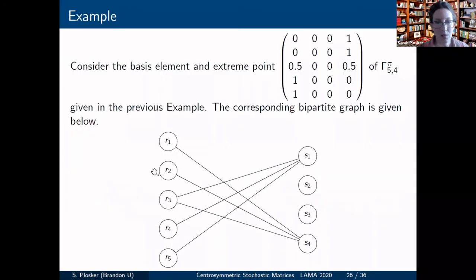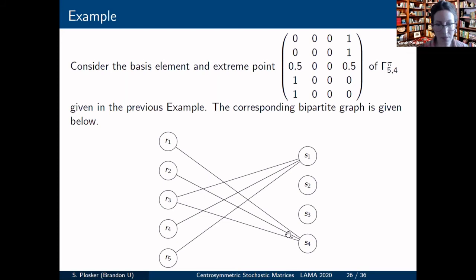Okay, so if we have this extreme point here, then the corresponding bipartite graph is, so R1 is connected to S4, R2 is connected to S4, R4 is connected to S1, R5 is connected to S1, and then there's this middle row here, R3 is connected to S1, column 1, and column 4.